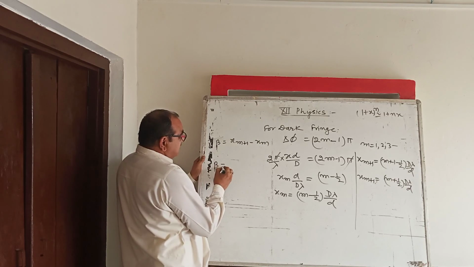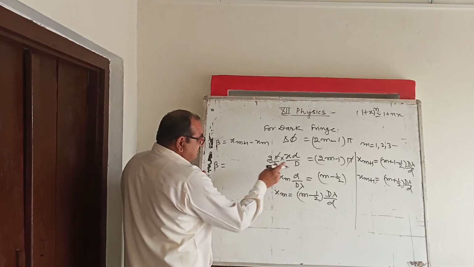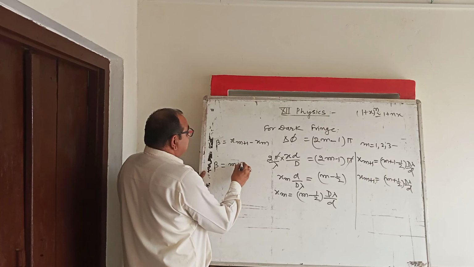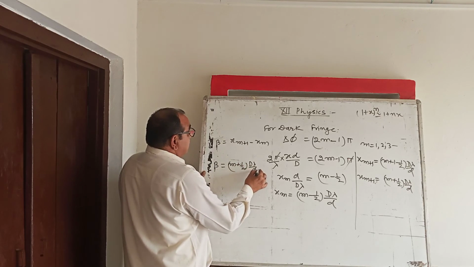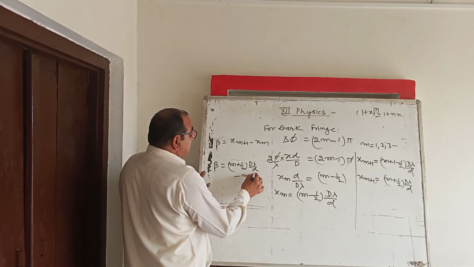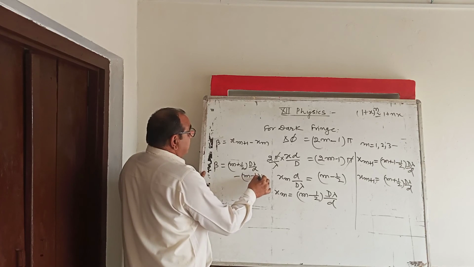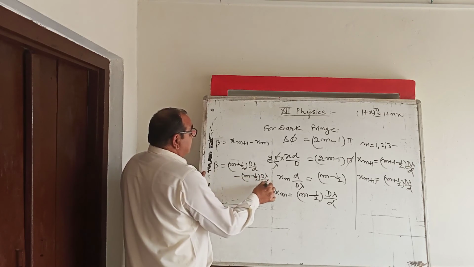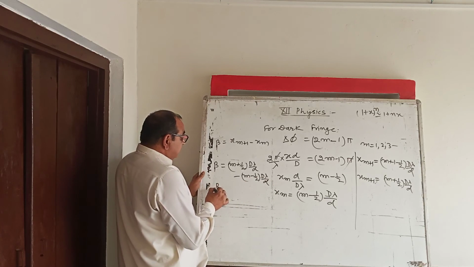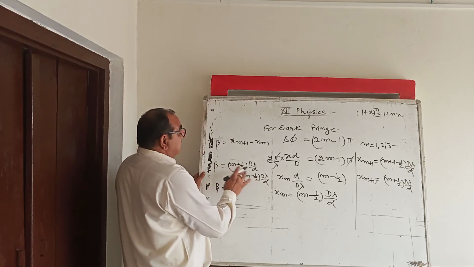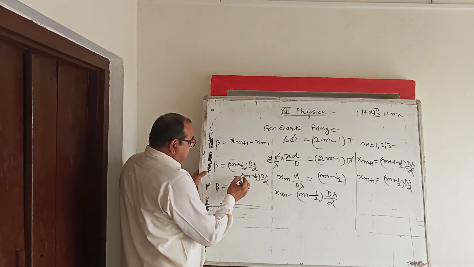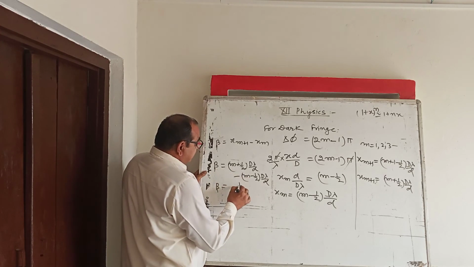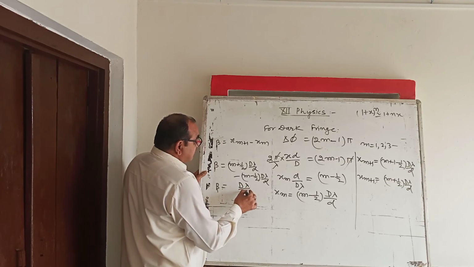Beta equal to (m plus half) d lambda upon d minus (m minus half) d lambda upon d. Minus minus plus, that is cancelled, and we get d lambda upon d.